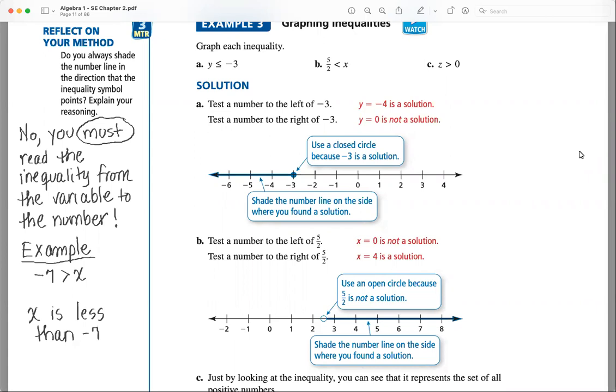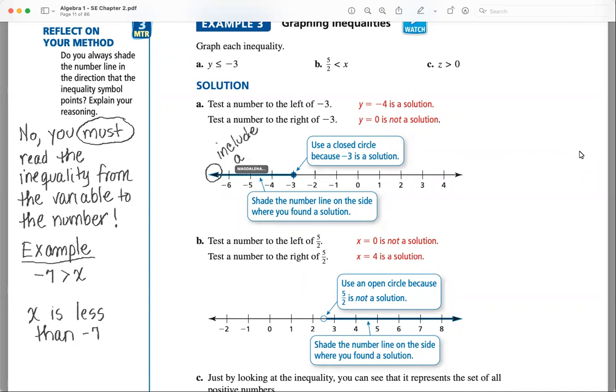A and B, we can see on the screen. So y is less than or equal to -3. So with the equal sign is a closed circle, and it's clearly explained. And then if the number is less than or equal to -3, then you would have to shade to the left, including the arrow, okay?